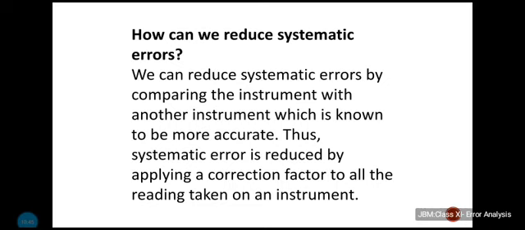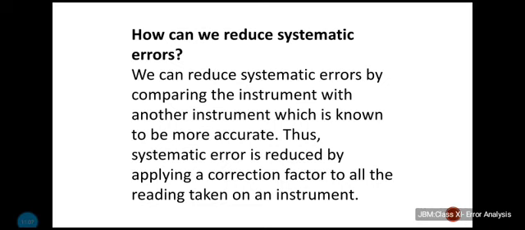Systematic errors can be minimized by improving experimental techniques, selecting better instruments, and removing personal bias as far as possible. For a given setup, these errors may be estimated to a certain extent and the necessary corrections may be applied to the readings.